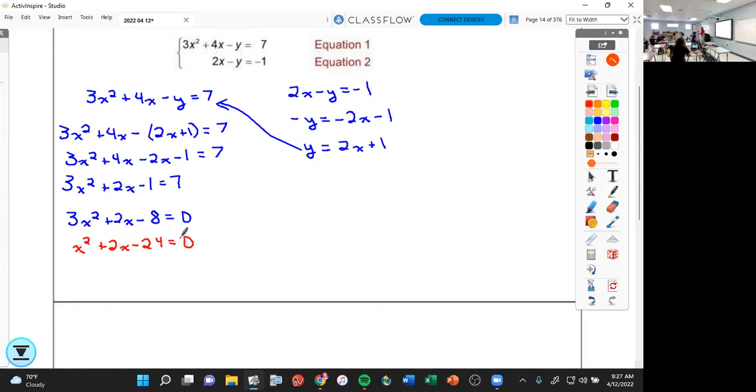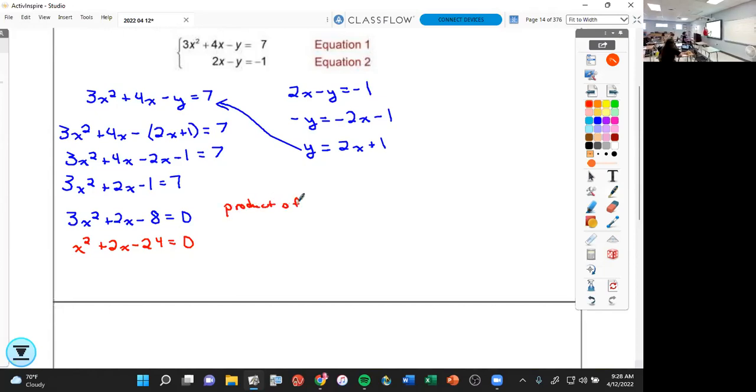Now keep in mind, I took my constant and multiplied it by 3, which means here in a minute, I'm going to have to unmultiply by 3, which means divide by 3. Okay, so we're going to hold on to that for a minute. I need 2 numbers that multiply to -24, but add to 2.